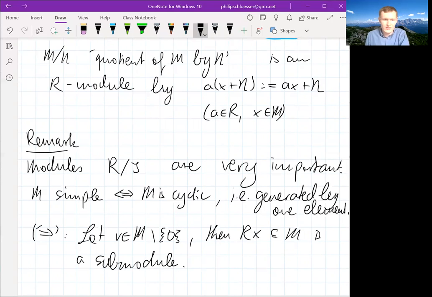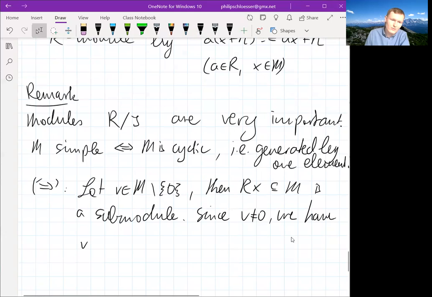And since v is not equal to 0, we have v equal to 1 times v is an element of RV.